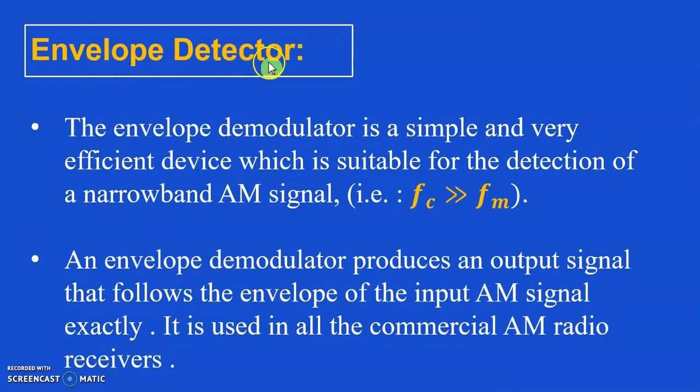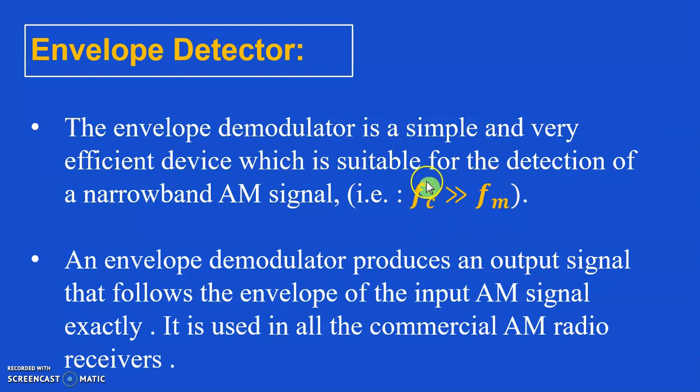So what's envelope detector? Envelope detector or demodulator is the simple and very efficient device which is suitable for the detection of a narrowband AM signal. A narrowband AM wave is the one in which the carrier frequency is much higher than the bandwidth of the modulating signal m(t), or the message signal, which has a frequency fm.